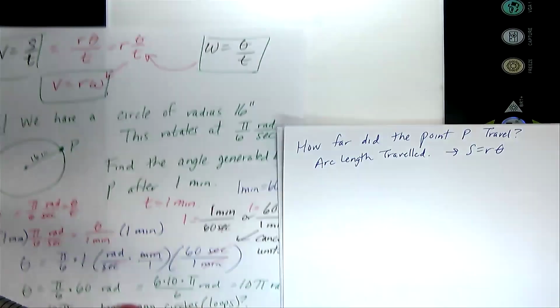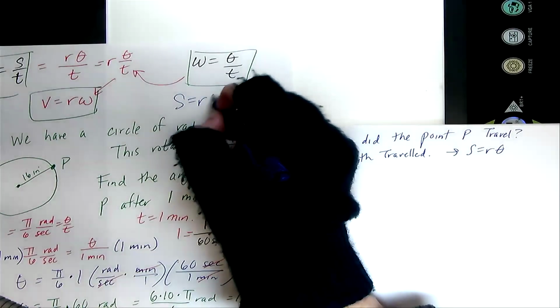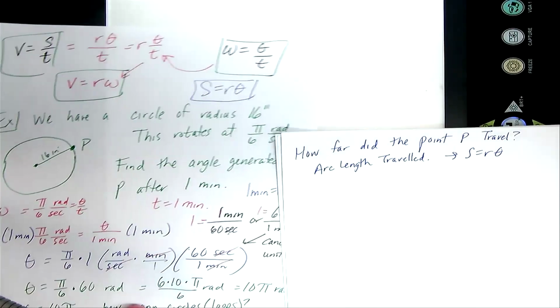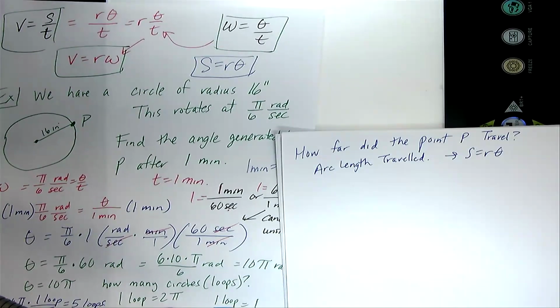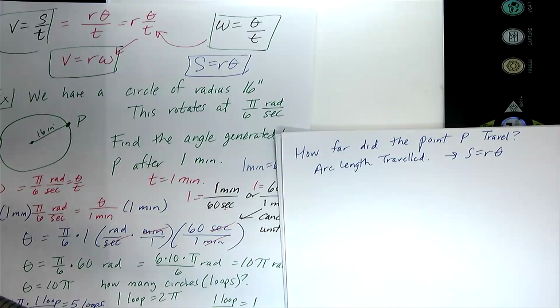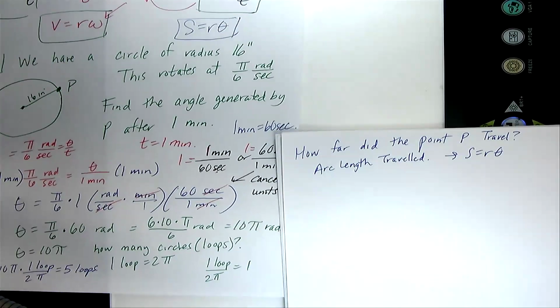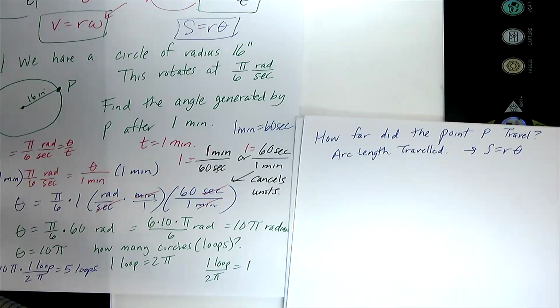Maybe I should have added that one up here. That's old news though, but it is important in doing this stuff. S equals r theta. Do we have what we need to find arc length there? And if so, what is it? How do I calculate it?